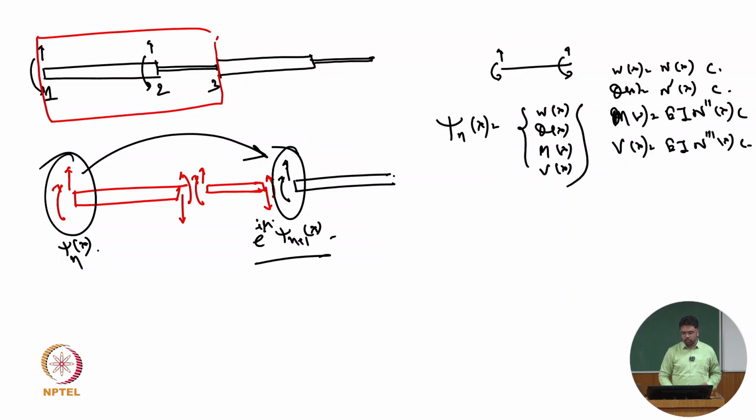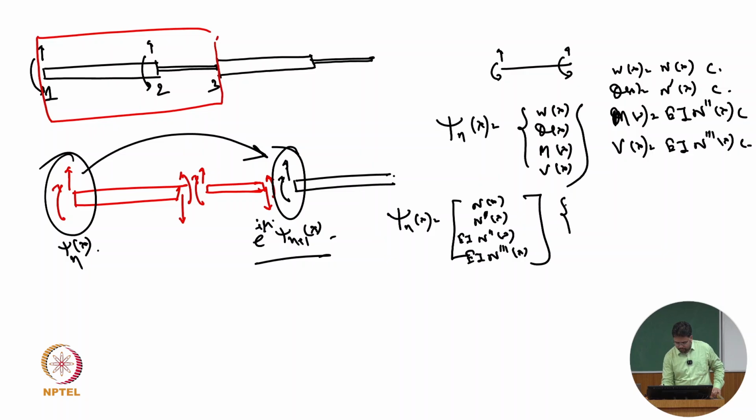Can I write then, N(x) is a 1 cross 4. So once I am making it, this will become 4 cross 4, and my C is 4 cross 1.